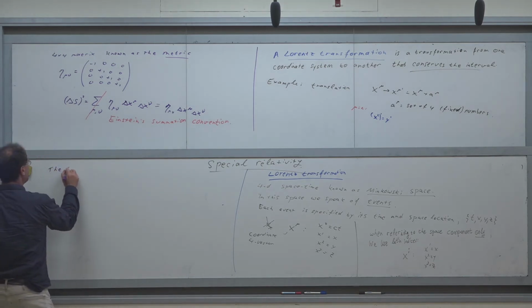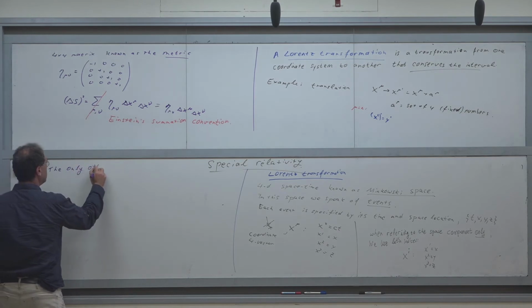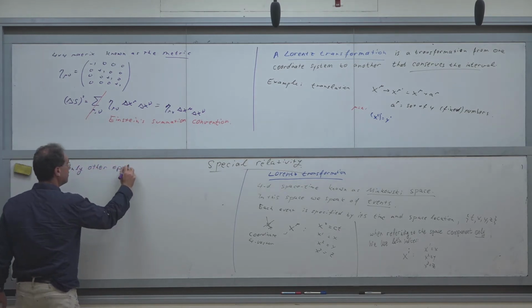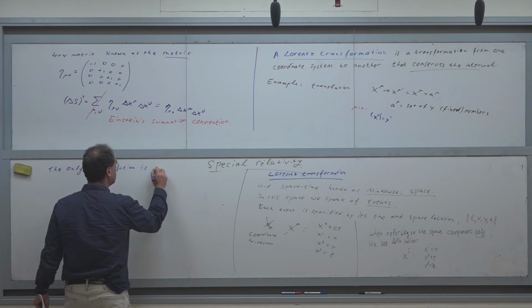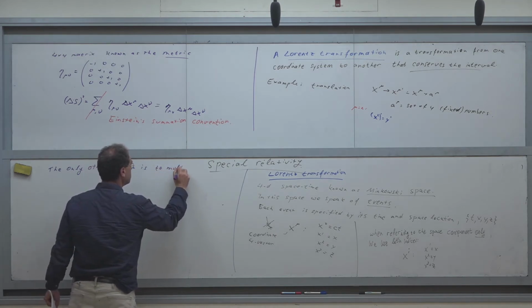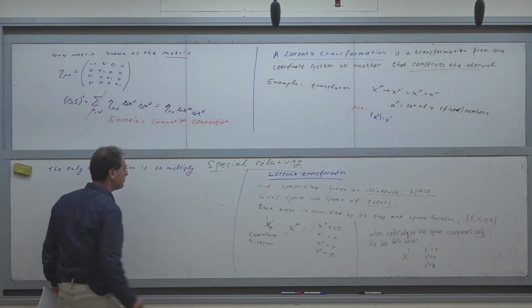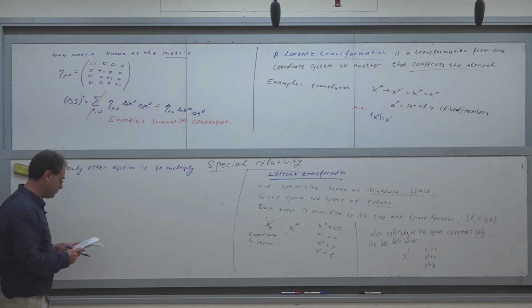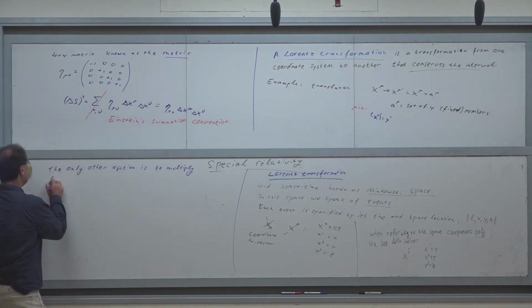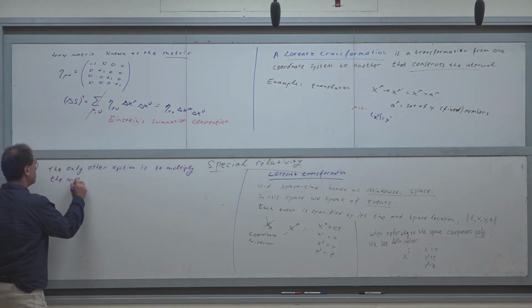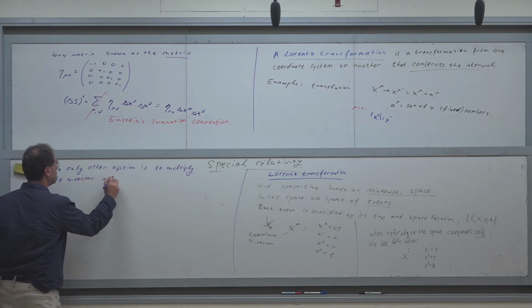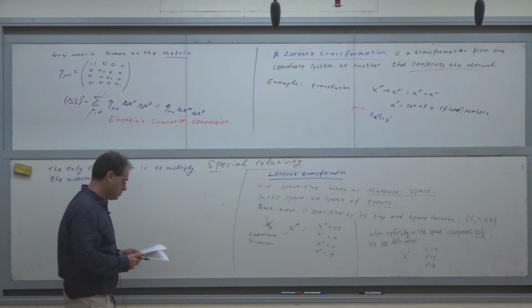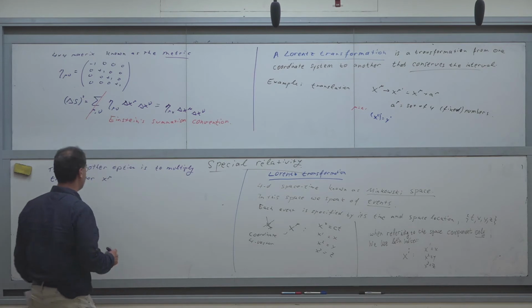The only other option we have is to multiply the 4-vector x mu by a matrix.